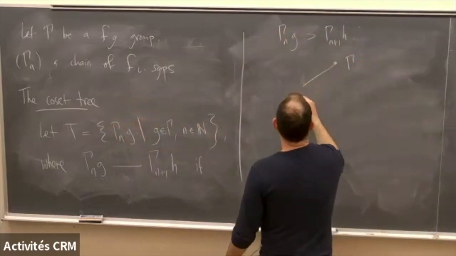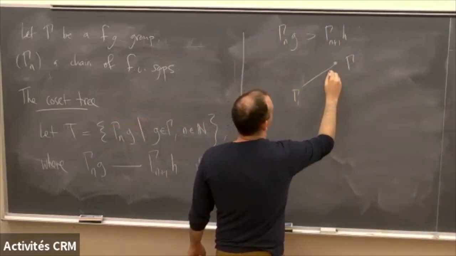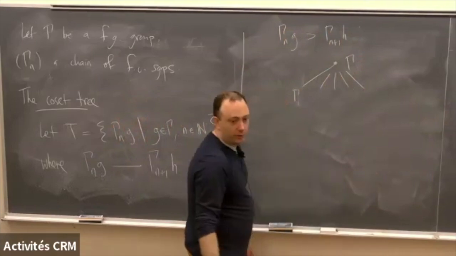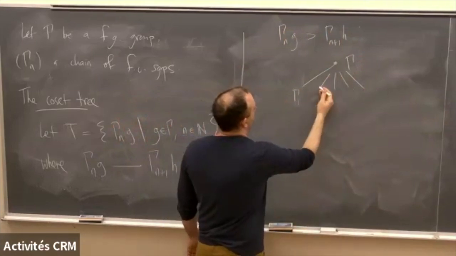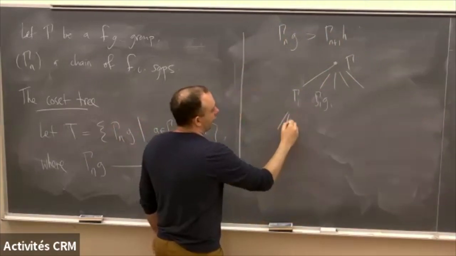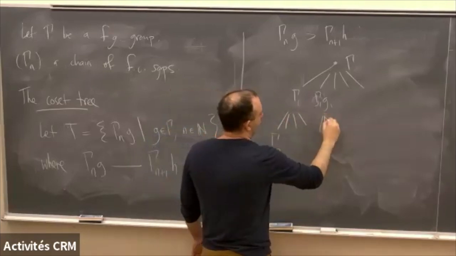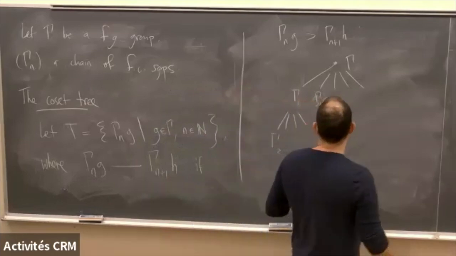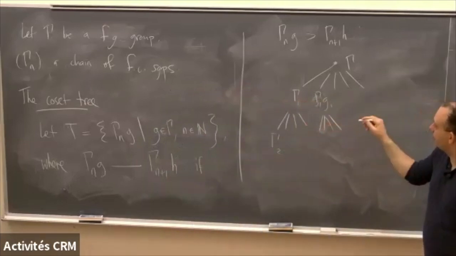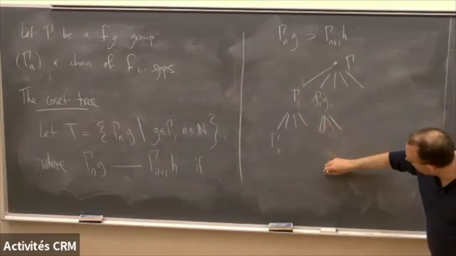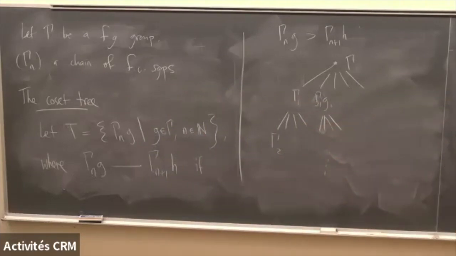So then you get this picture where the root of the tree is gamma, and then I have gamma 1 and all the cosets of gamma 1, and branching off from that there's gamma 2 and all its cosets, and each one of those has all these cosets, et cetera, and then you get this tree.